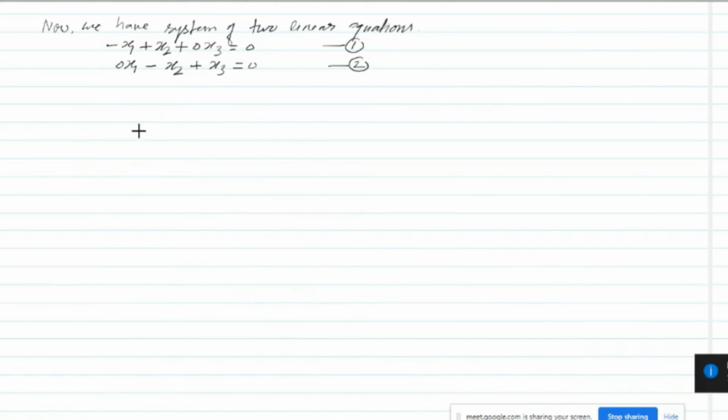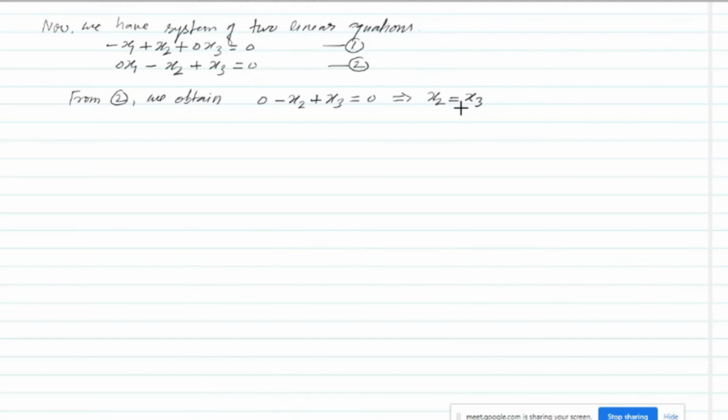Now solving 1 and 2. From equation number 2, we obtain 0 minus x2 plus x3 equal to 0. So this implies that x2 equals x3.